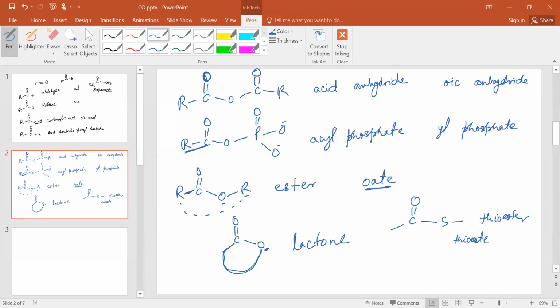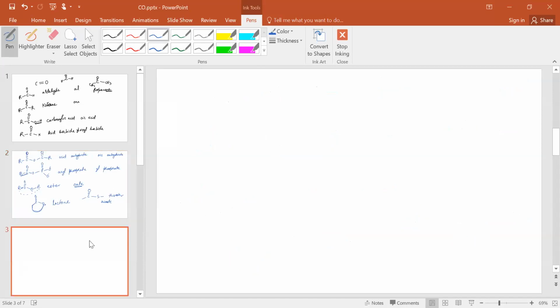And the last and one of the most important functional groups is the carbonyl that has nitrogen attached. This nitrogen can have hydrogen attached or another carbon. This is called the amide functional group, and it ends with "amide" as well.